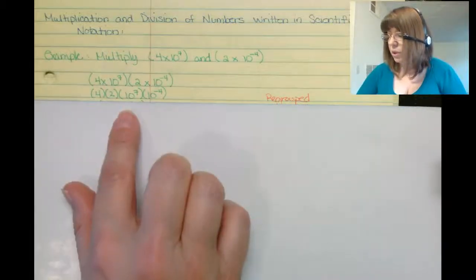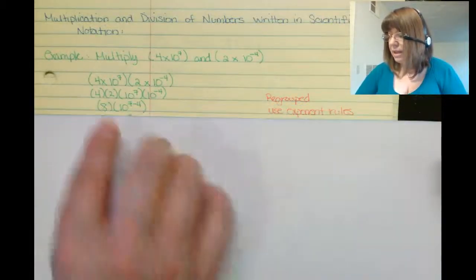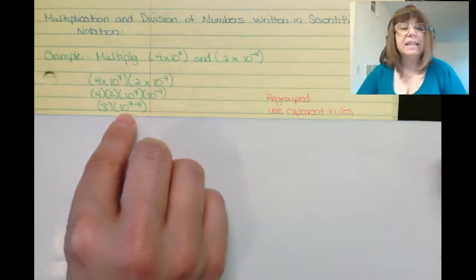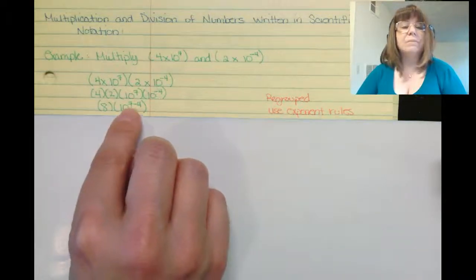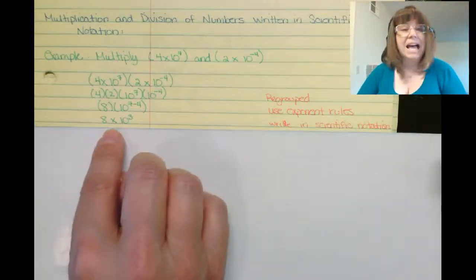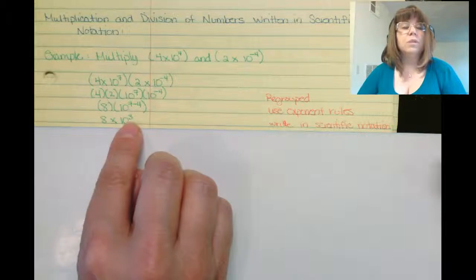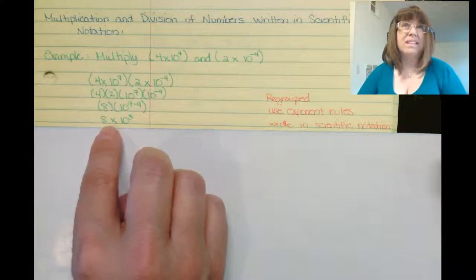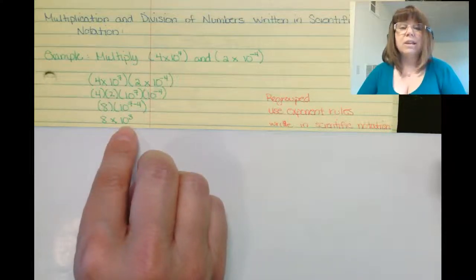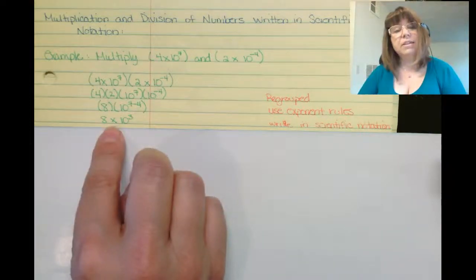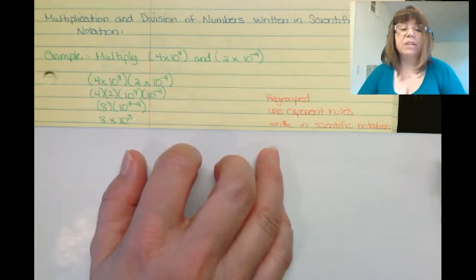So I first regroup them. Now 4 times 2 is 8, and 10 is going to be to the power 7 minus 4. So that's 8 times 10 cubed. Ultimately, I do want to write it back in scientific notation, better still 8.0 times 10 to the 3. But you do want to keep that x in there because that's part of the scientific notation.